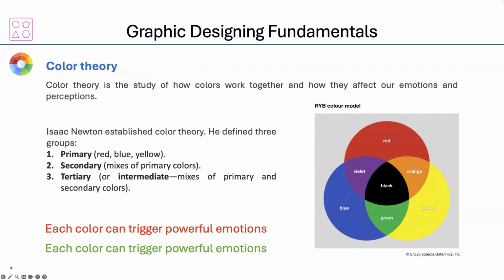And here there's no palette for the ternary groups, but if you mix the secondary groups with primary groups, you will find the ternary group of colors. So this is how the color scheme is developed. The other thing I said is that each color can trigger powerful emotions. Like in this sentence, if there's a red color, it will give you a different meaning.